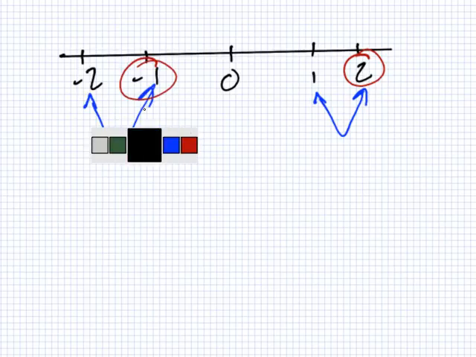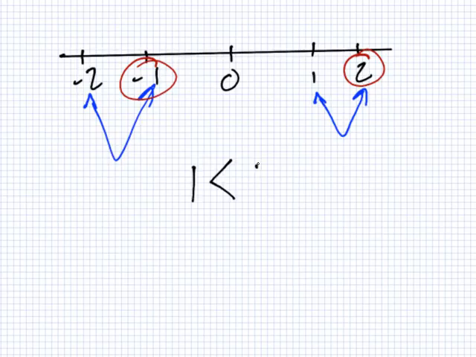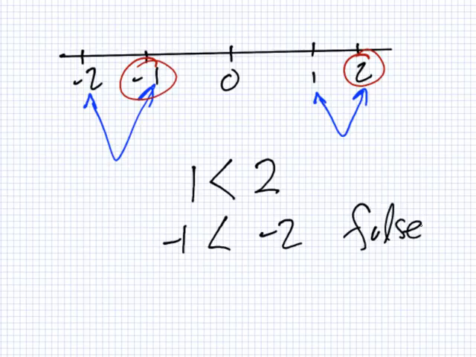So if you have the statement 2 is more than 1, and you multiply by minus 1, and if you don't change it, you'll get minus 2 is more than minus 1. Now that's false, because you just said minus 1 is bigger than minus 2. So this is the reason that we have to flip it. Because here, when 2 is bigger than 1, that gets reversed if we multiply by a minus. Now the minus 1 is bigger than minus 2. So the reason we flip it is because the statement would be false if we didn't.